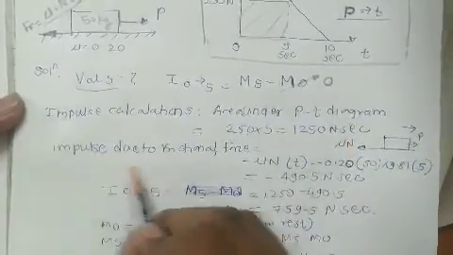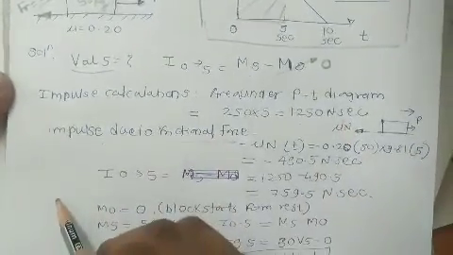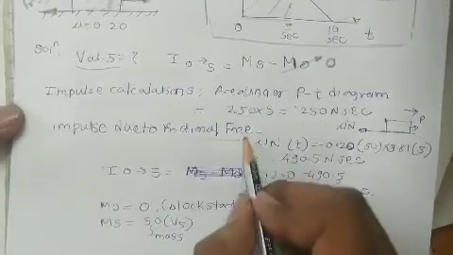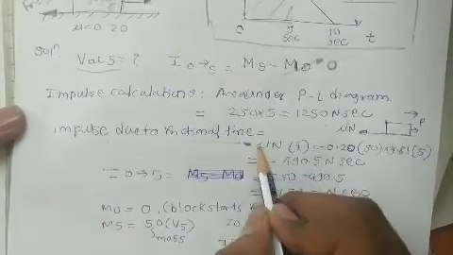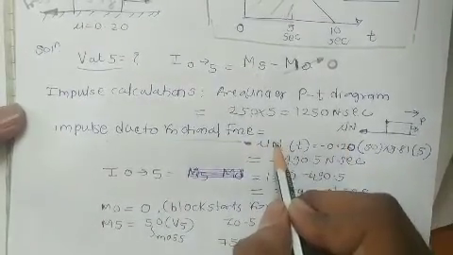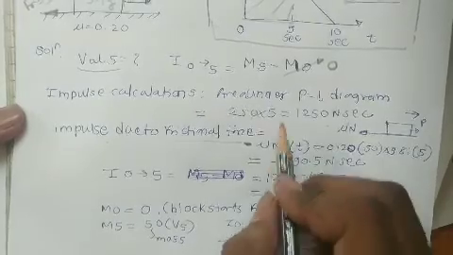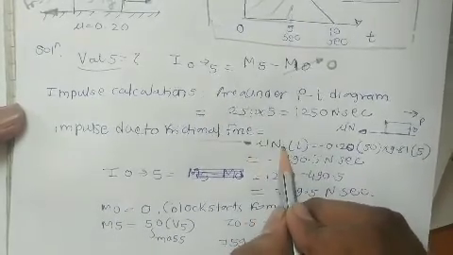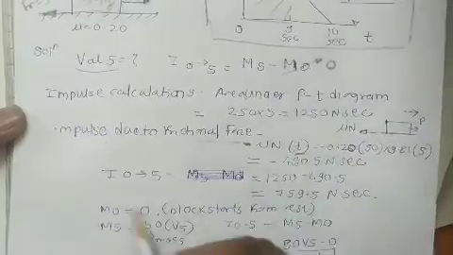But for this impulse, friction acts in the opposite direction. The friction force is acting towards the left, so it is shown by a minus sign, and its magnitude is mu N into t, where t is the time interval.